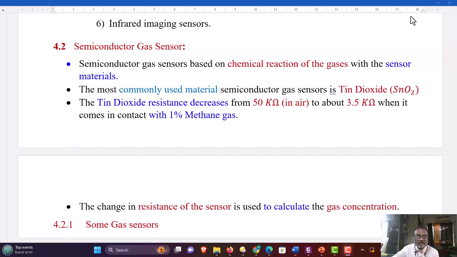The tin dioxide resistance decreases from 50 kilo ohm in open air to about 3.5 kilo ohm when it is subjected to 1% of methane gas. So, tin dioxide can be used for detection of methane gas. The change in resistance of the sensor is used to calculate the gas concentration.